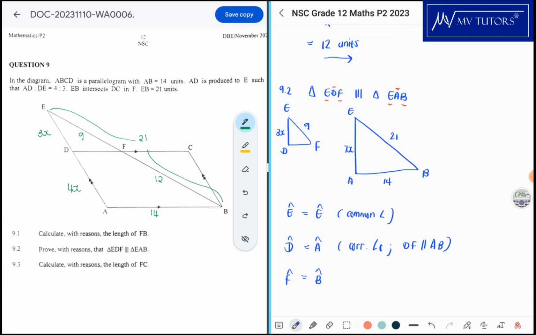Again, corresponding angles, because of the parallel lines. It would be the same reasons as we have shown before: corresponding angles, and we have that DF is parallel to AB, or DC is parallel to AB. So I would just leave it at that.